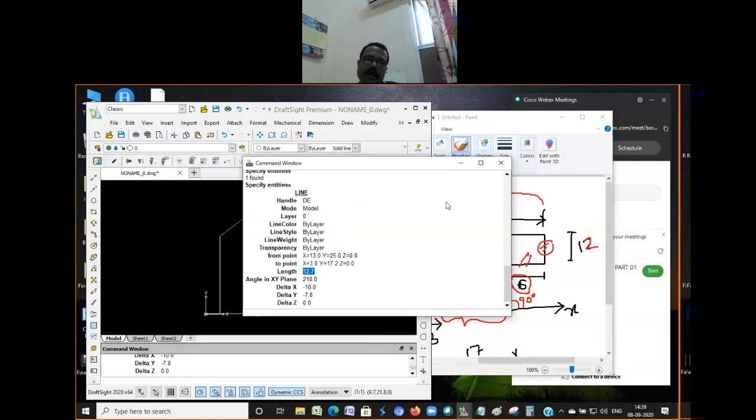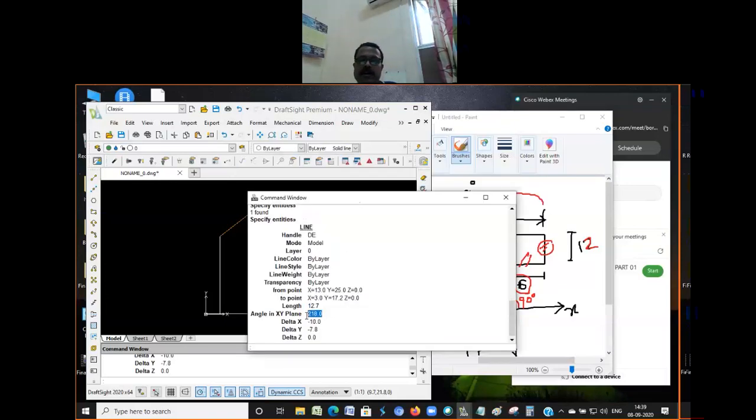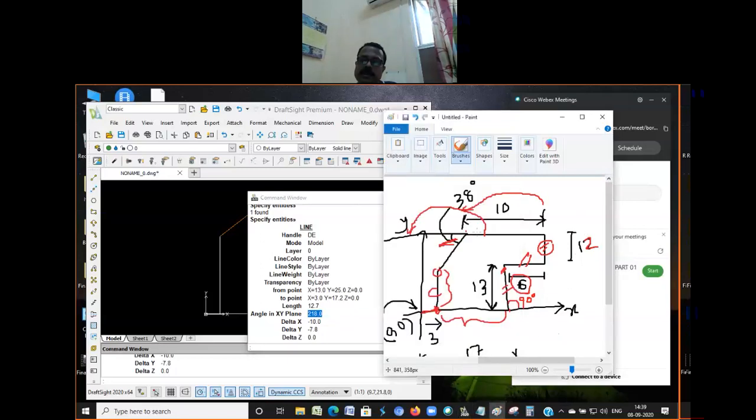And then the angle is 218 degrees. Why is it 218 degrees? Because if it is 218 degrees, then only this angle here will be 38 degrees. That is the exterior angle. And then 218 degrees is from here up to here.